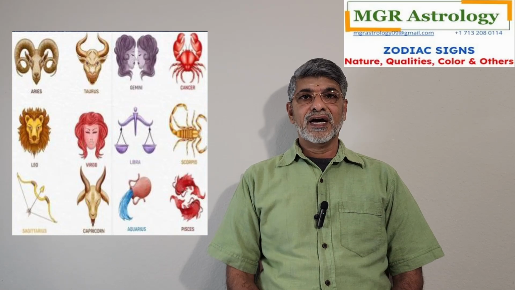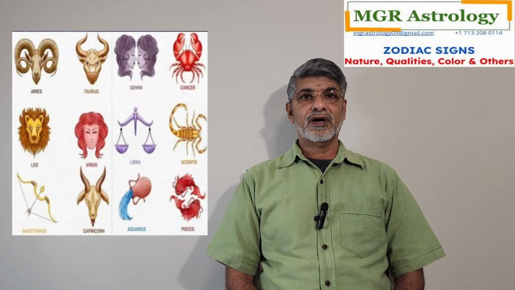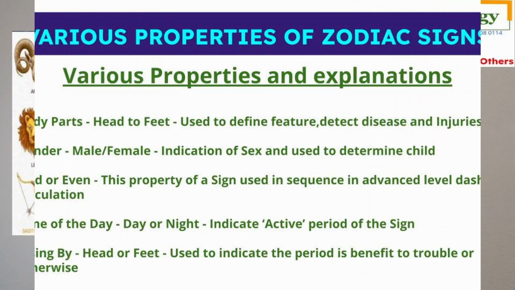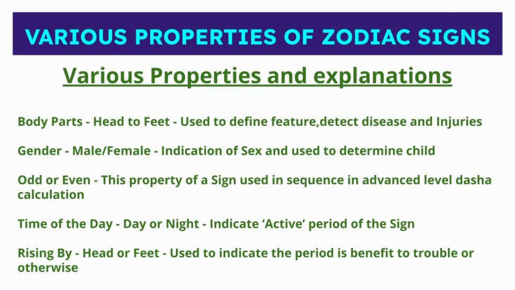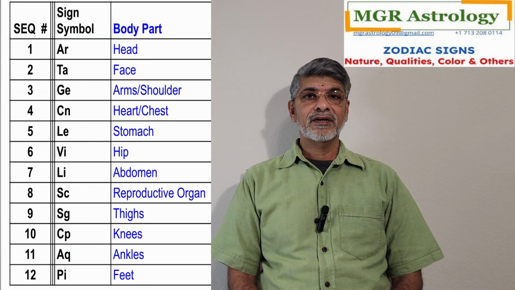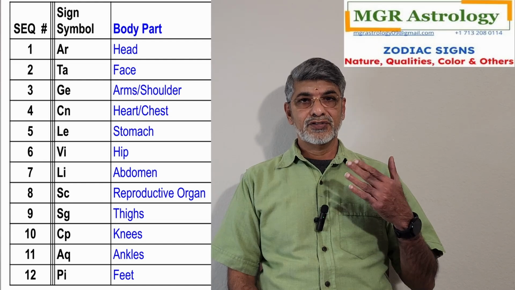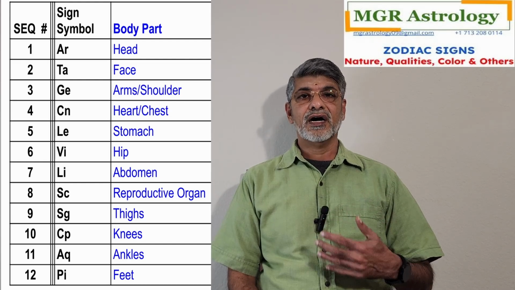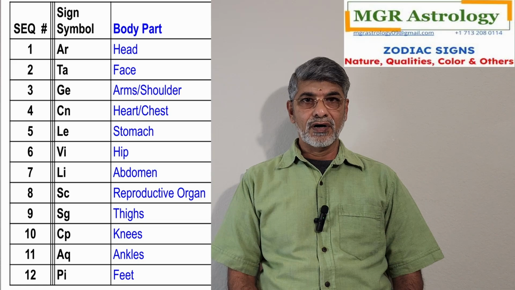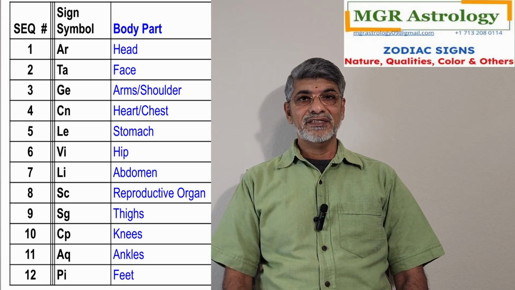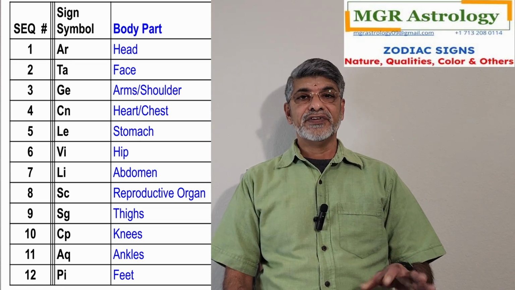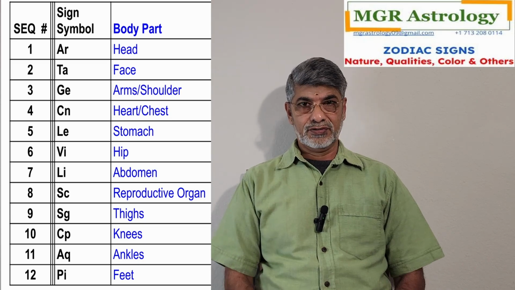The first property we are going to see is the body part allocation to the signs or rasis. Head to toe is allocated to each of the 12 rasis. Starting from Aries for head, Taurus for face, and then it goes on like that: shoulders, chest, stomach, abdomen, reproductive organs, thighs, knees, ankles, and feet are allocated to the 12 rasis.